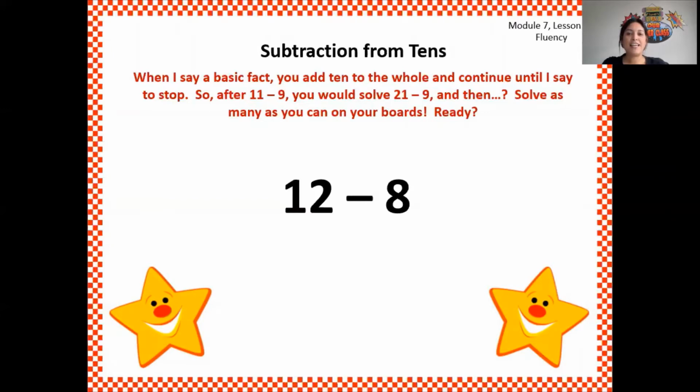12 minus 8 is, get ready, 4, because 10 minus 8 equals 2, and 2 plus 2 equal 4. Very good. Next one, 11 minus 8.